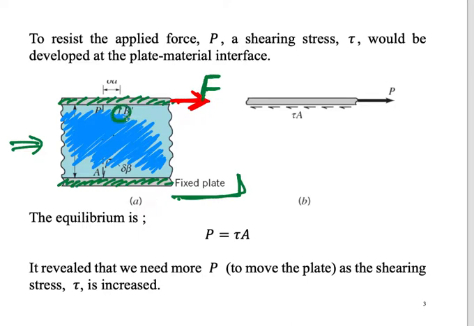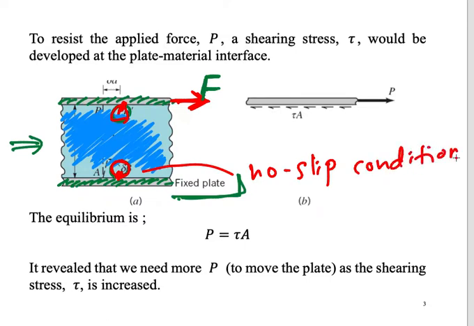The first thing that you need to understand here is that the molecules that stick on the surface have one special phenomenon called no slip condition. No slip condition means the molecules stick very hard on the surface and do not move.